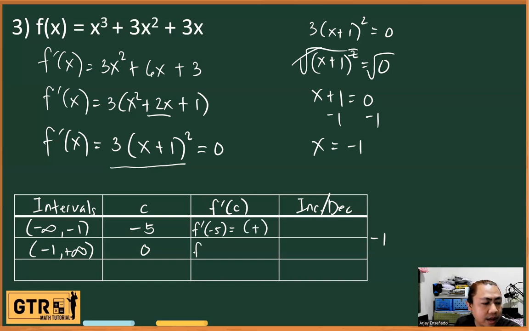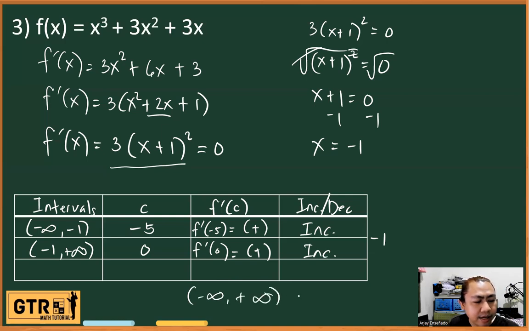Okay? And then f prime of 0. So if x is 0, we have 1 squared, so still positive. Therefore, we have increasing in all values. So from negative infinity up to positive infinity is increasing.